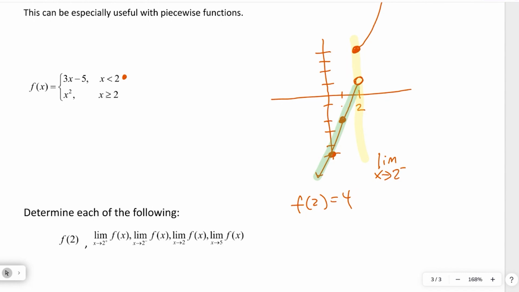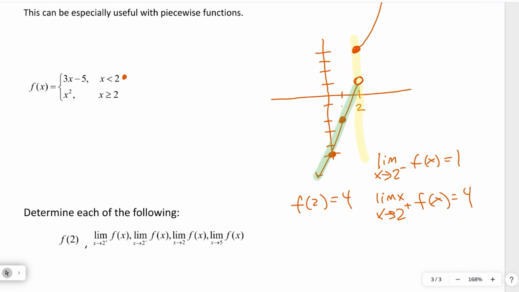So to the left is 1. The limit as x approaches 2 from the right is 4.